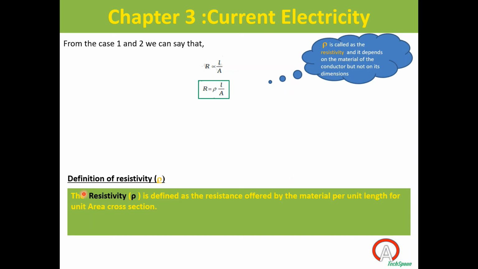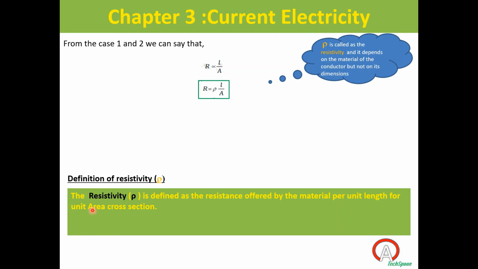First you write down this definition and let me know if you are able to understand it. The resistivity (rho) is defined as the resistance offered by the material per unit length for unit area of cross section.